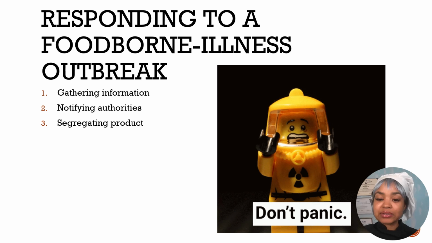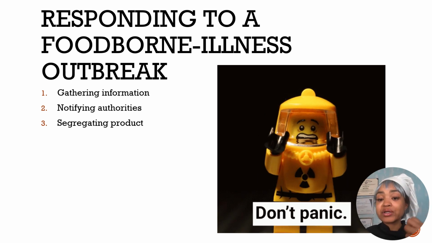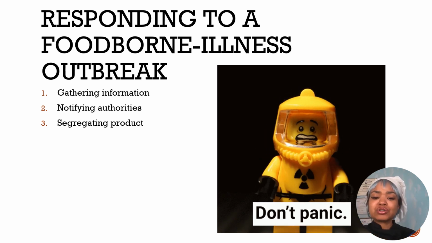Segregate the products. If you are starting to talk to people and gathering your documents and you're noticing that time and temp was out of whack, or you don't have all the signatures you need, or data's missing and it's around these certain sections and these certain groups of food, you need to quarantine that food and have it taken out of service areas.